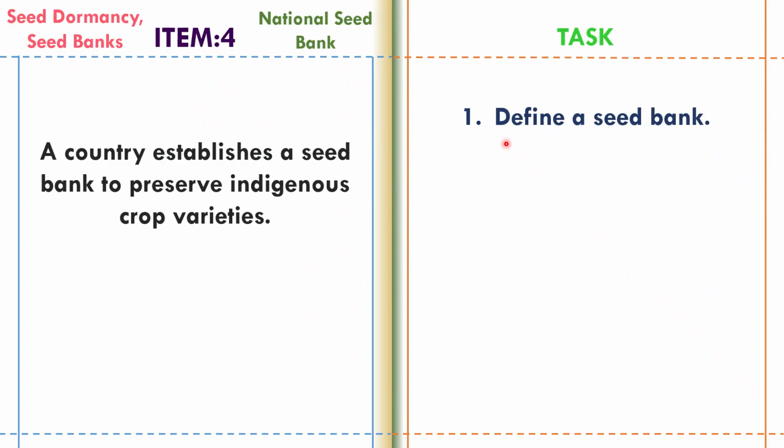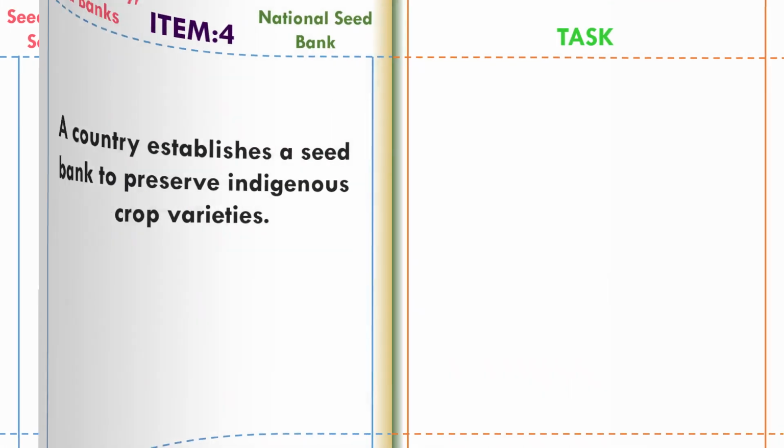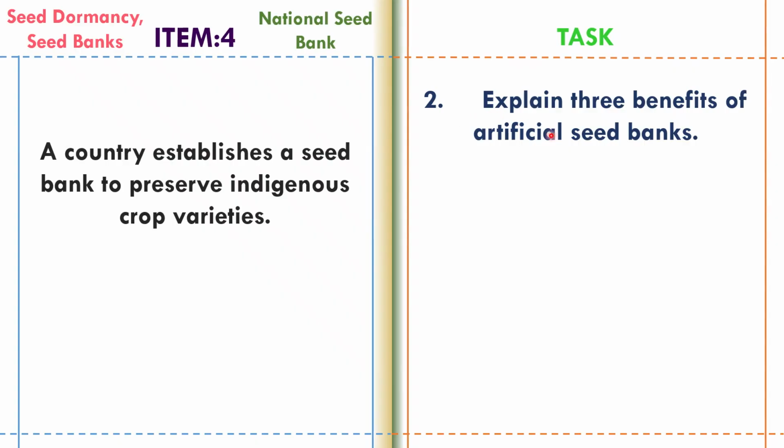Let's start with define a seed bank. A seed bank is a facility for storing viable seeds under controlled conditions. Explain 3 benefits of artificial seed banks.